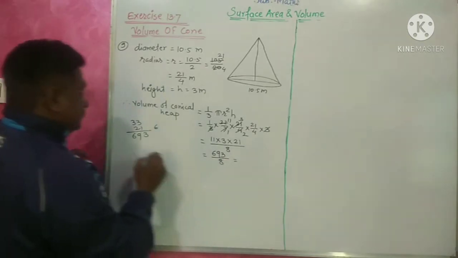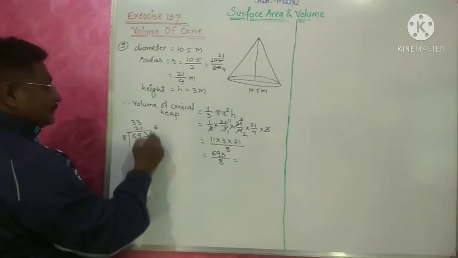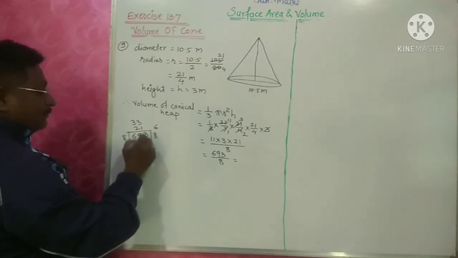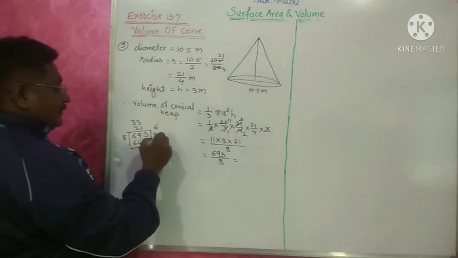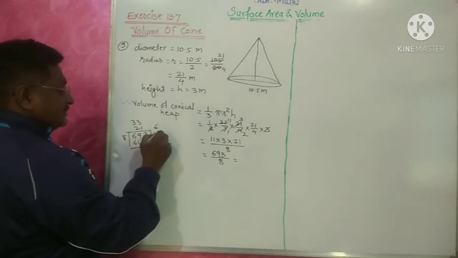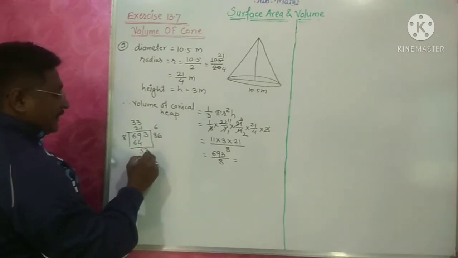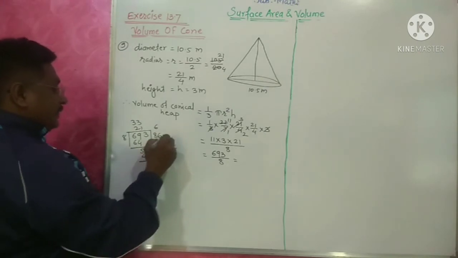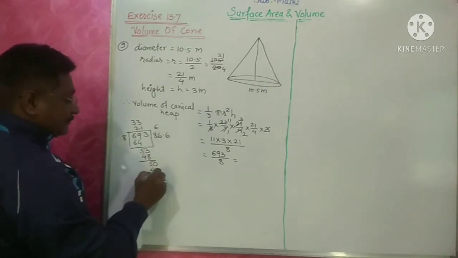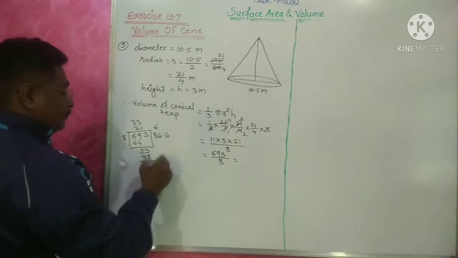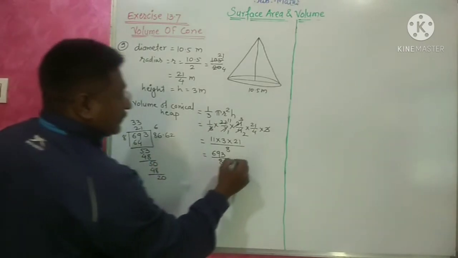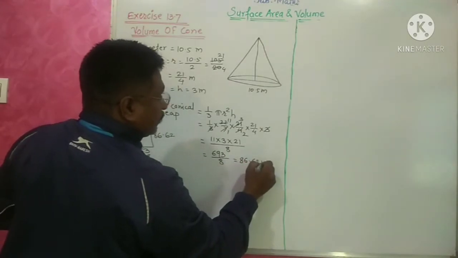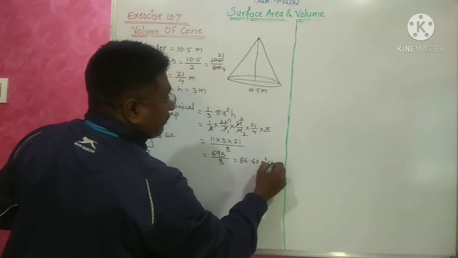So what will we get? 8 8s are 64. 5. 3. 8 6s are 48. 5 point. 8 6s are 48. 2. 8 2s are 16. 86.62 cubic meter approx.